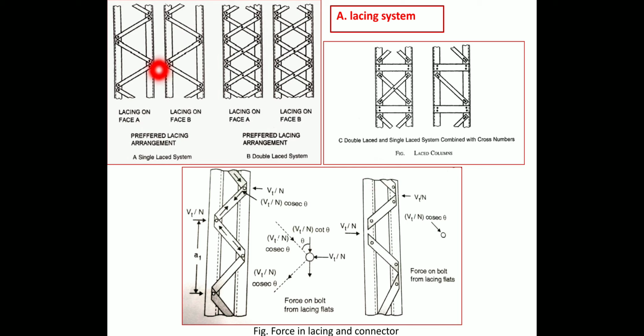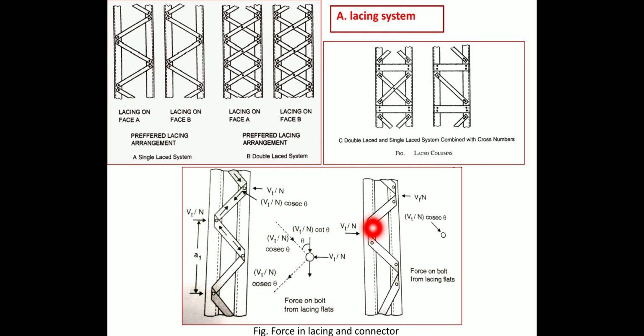The two flat bars, one above the other, can be connected by a single bolted connection, or sometimes on the site or in the field. These lacing flat bars may be connected individually, and for these connections two bolts are required.